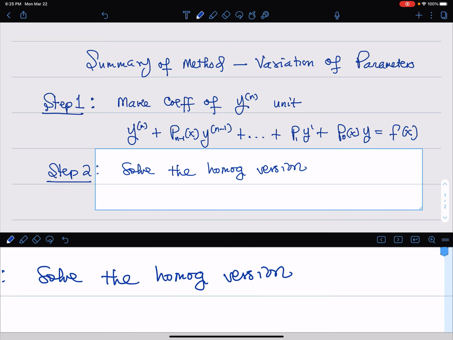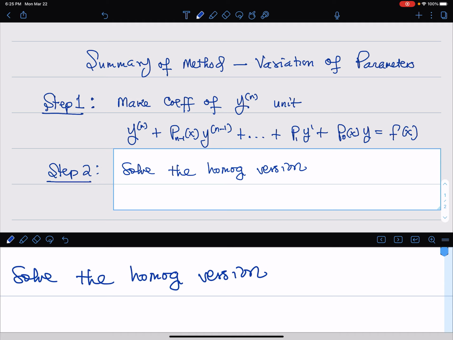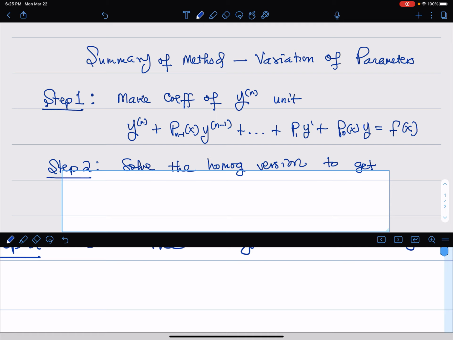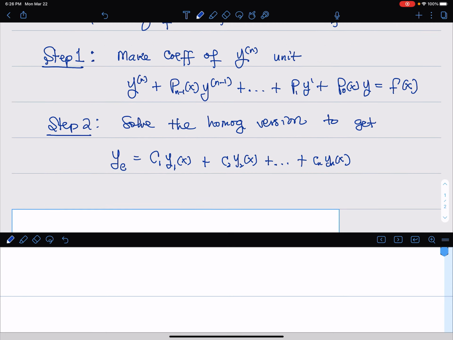Assuming we solve it, we get what we call our complementary solution, yc, which will be c1 y1 of x plus c2 y2 of x, all the way to cn yn of x. Okay, this should be familiar to us.